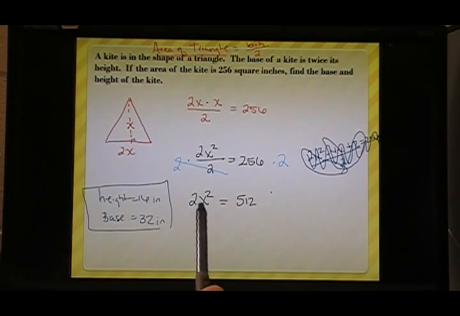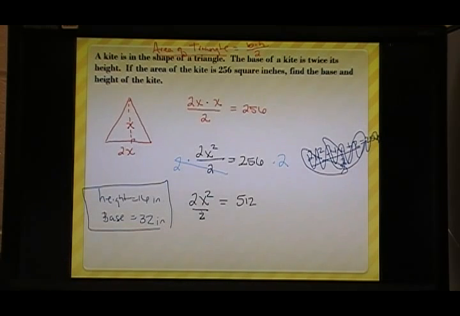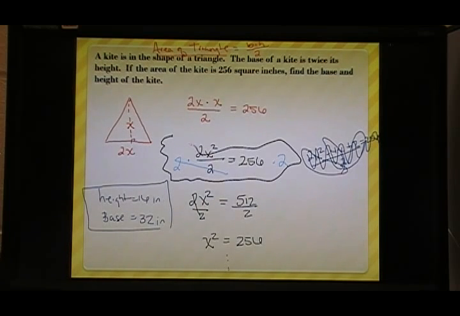And then we can work to get just something squared equals a number, so we can now divide by this coefficient of 2, and we get back to that x squared equals 256. And that's just cyclical because of the nature of this setup, the nature of this equation that we're working with. But just know that it's also an option to go ahead and multiply both sides by 2.